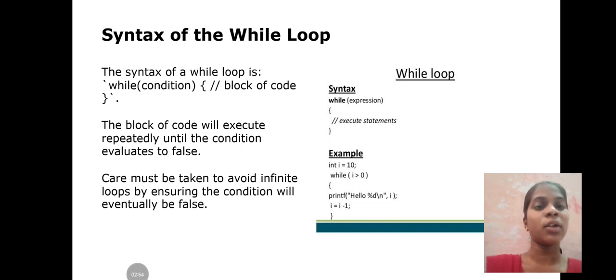Syntax of the while loop. The syntax of the while loop is: while condition, block of code. The block of code will execute repeatedly until the condition evaluates to false. Care must be taken to avoid infinite loops by ensuring the condition will eventually be false.